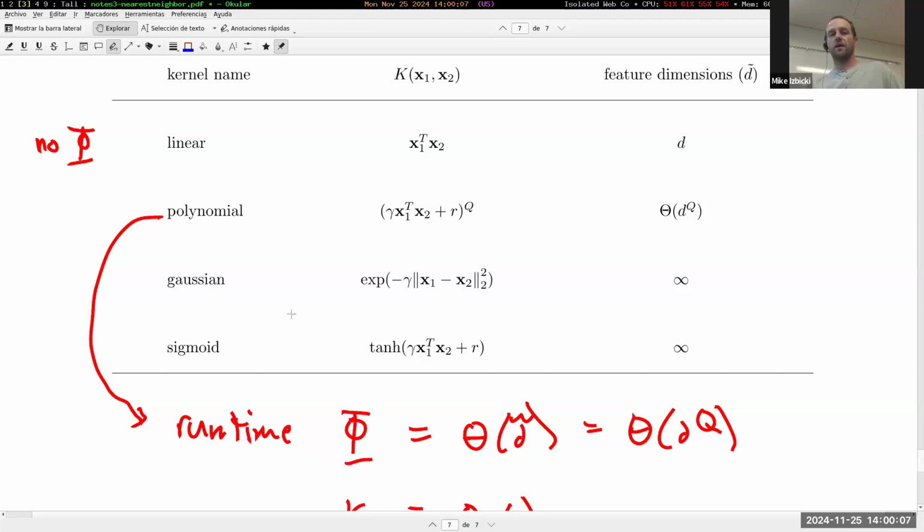If you're using the Gaussian or the sigmoid kernel, then your data set is implicitly living in an infinite dimensional feature space. And computationally, that would be impossible to realize. But with this kernel trick in the dual space, this is very fast to realize. Either of these 2 kernel functions are linear time to run. Essentially, all kernels that people use in practice are linear time to evaluate, linear in the number of dimensions.